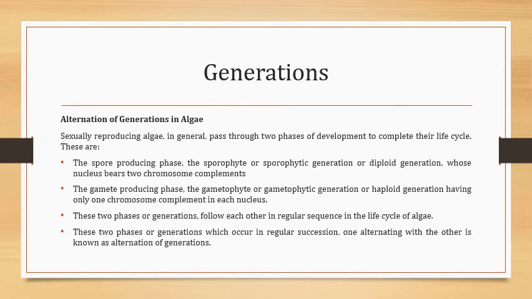There is alternation of generation in algae. Sexually reproducing algae in general pass through 2 phases of development to complete their life cycle. Number 1, spore producing phase, and number 2, gamete producing phase.